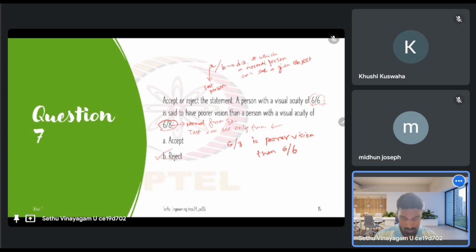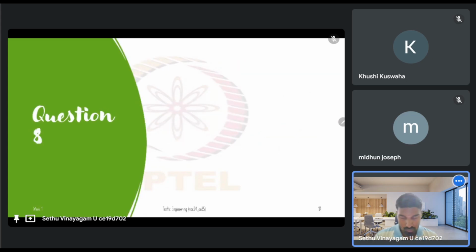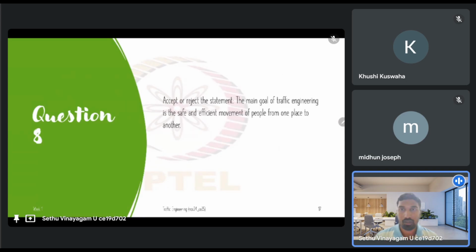Okay. So moving on to question number 8, again accept or reject. The main goal of traffic engineering is the safe and efficient movement of people from one place to another. So we have to accept or reject this statement.